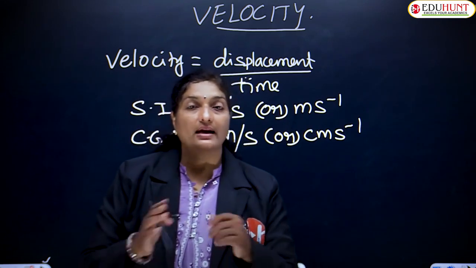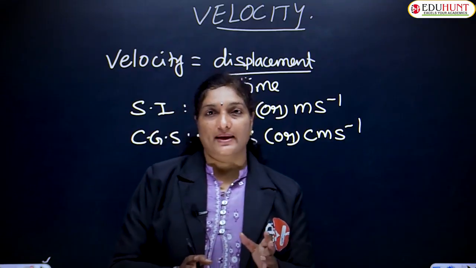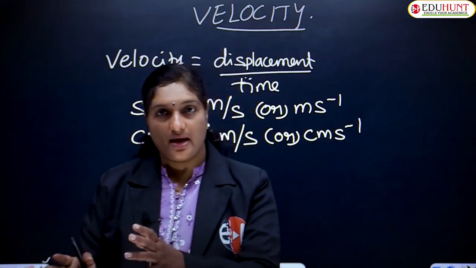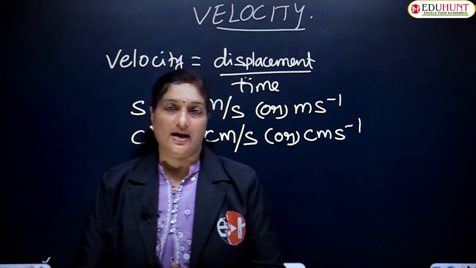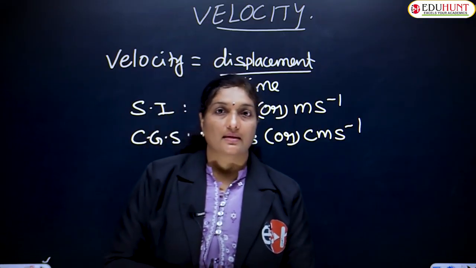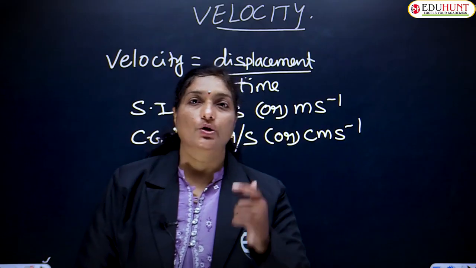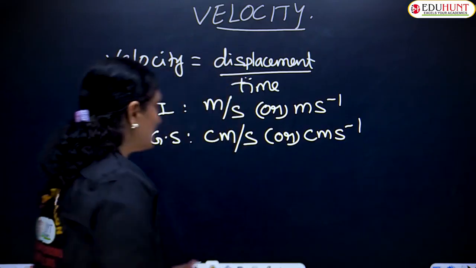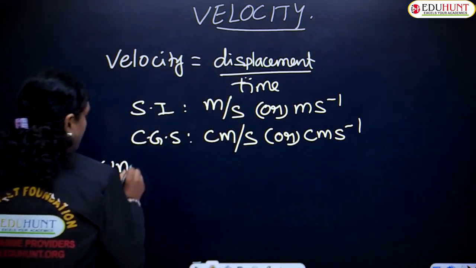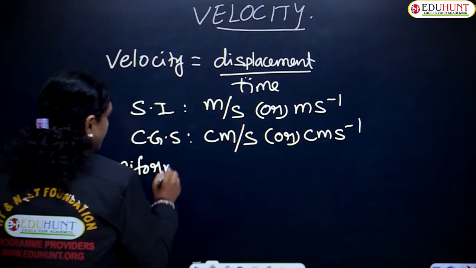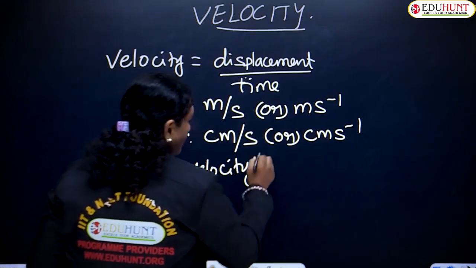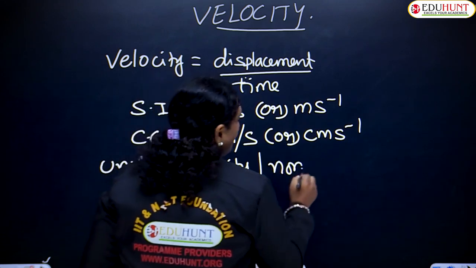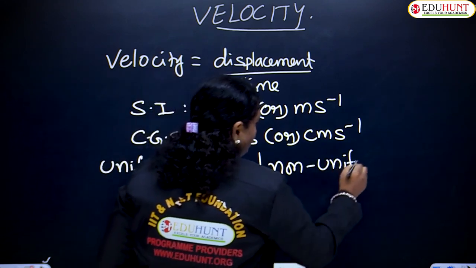Whereas, when a body covers unequal displacements in equal intervals of time or equal displacements in unequal intervals of time, then we say that the body moves with non-uniform velocity. So, velocities are generally classified into two types: uniform velocity and non-uniform velocity.